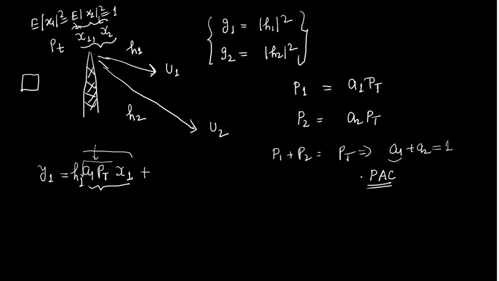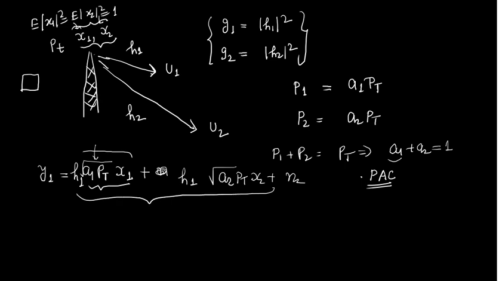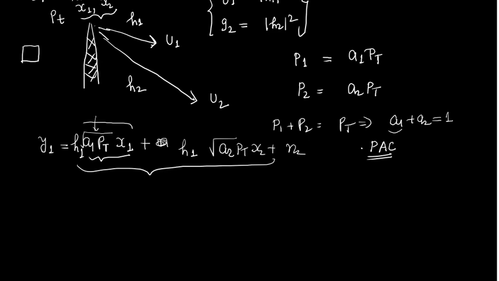So H1 root A1 PT X1 plus H1 root A2 PT X2 plus, and this whole signal will be received by U1. Or if I say more elaborately, the base station first superposes the signal which we want to transmit to U1 and U2.